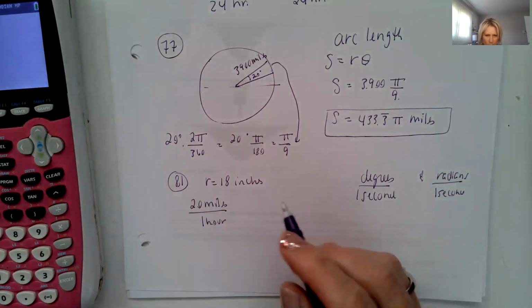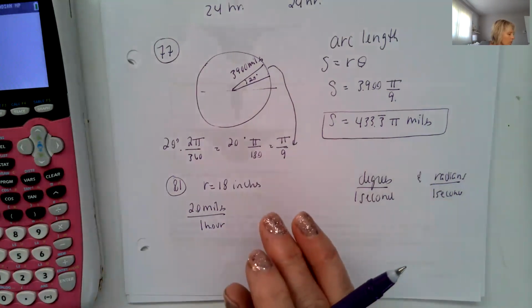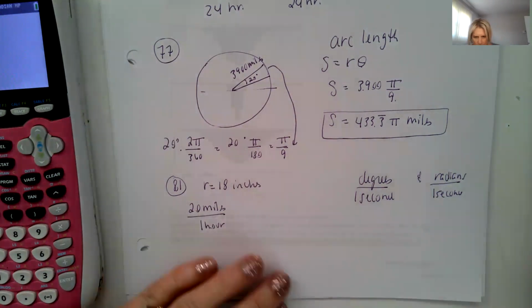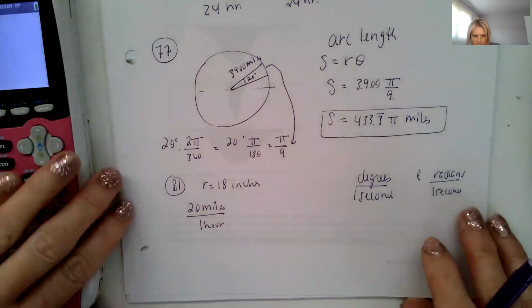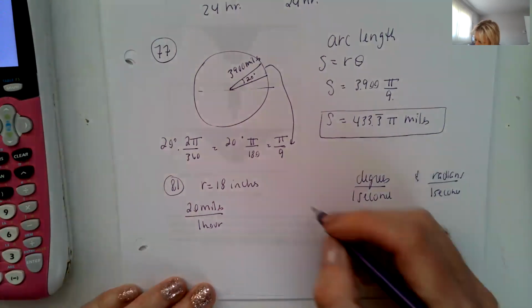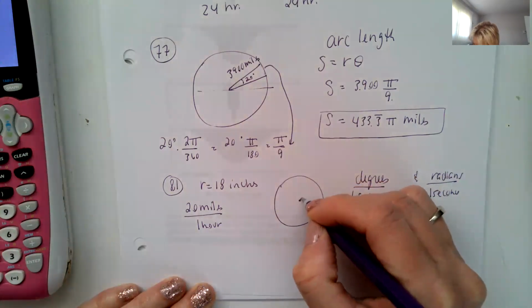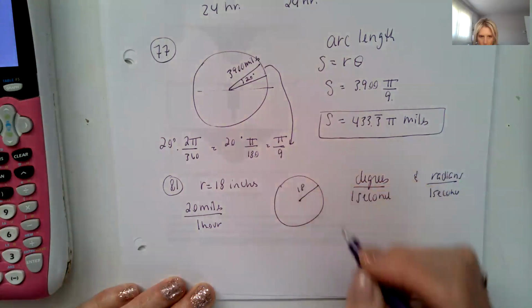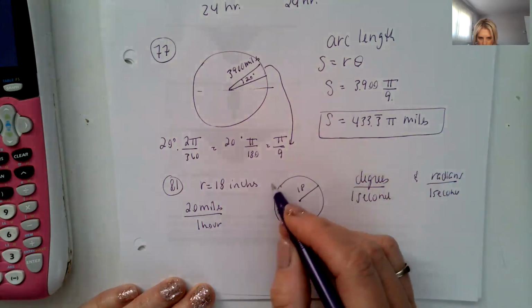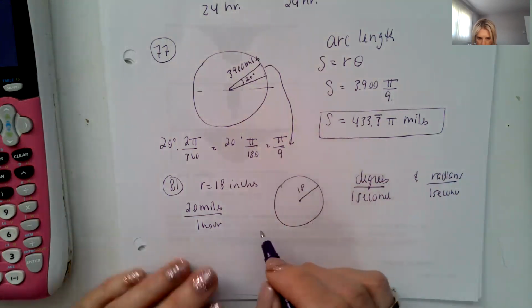So thinking about this on our bike, we're moving around here 20 miles over every hour.